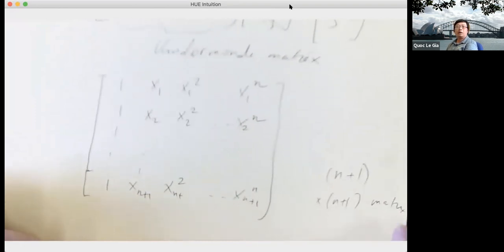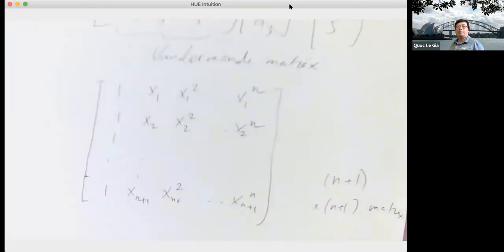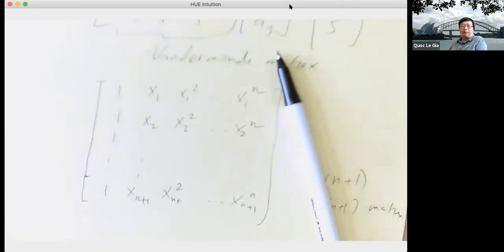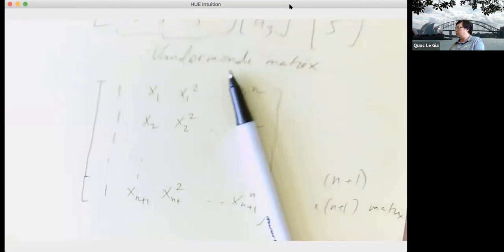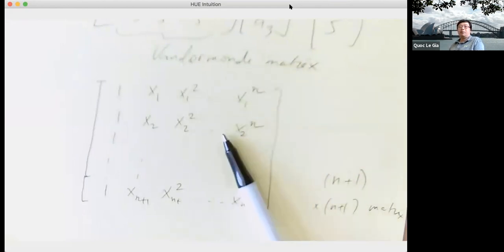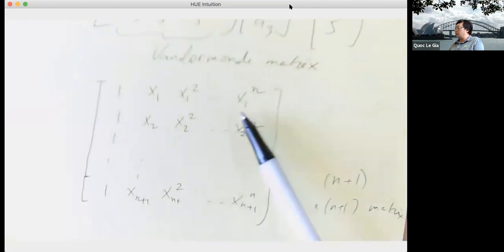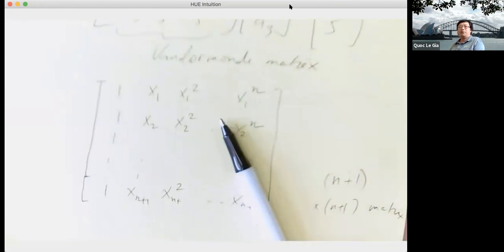So Vandermonde not only proposed this matrix, but he proved that, okay, Vandermonde is a French mathematician, I think in the 17th or 18th century. He proved that this matrix is always non-singular, okay, for different xi and xj. Yeah, so just look it up, but I remember that he proved that this matrix is non-singular.